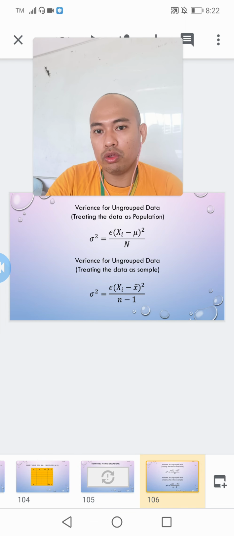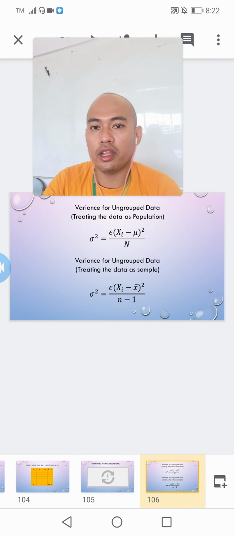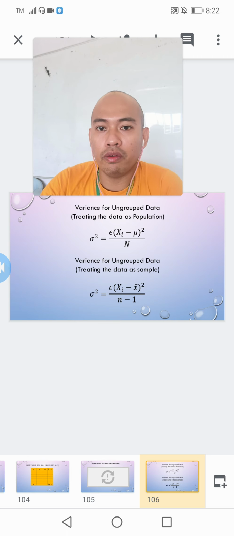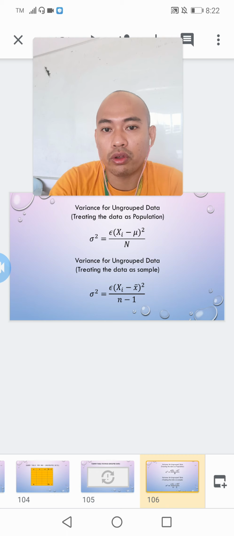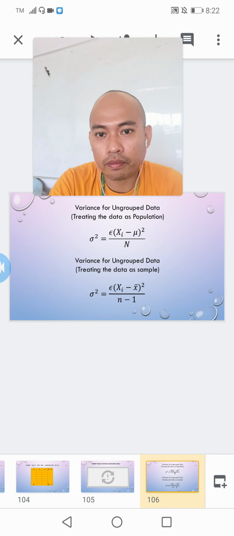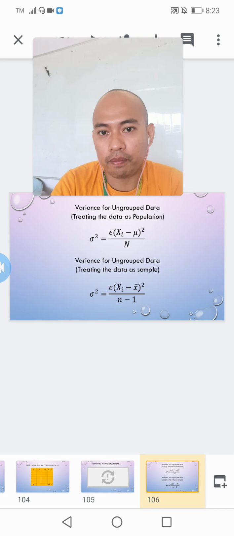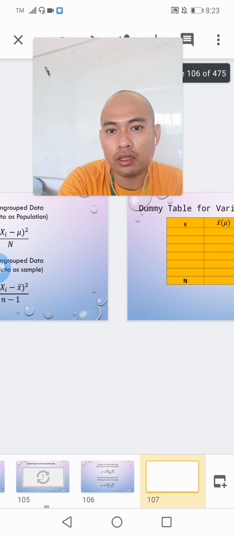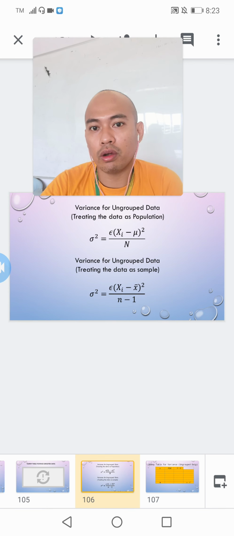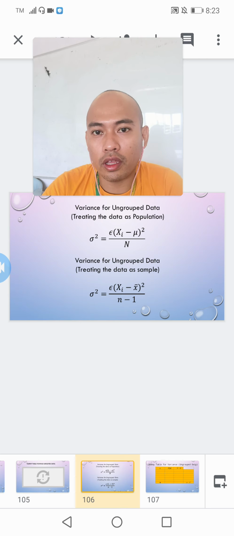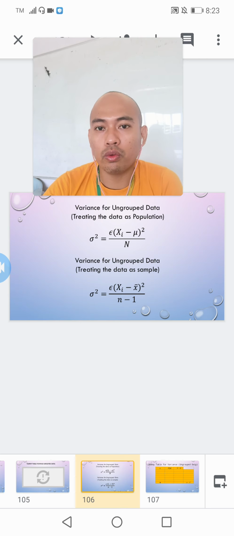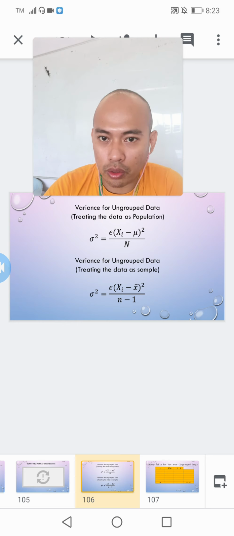For the variance, we will have another set of formulas. One will be for ungrouped data and the other for grouped data. However, for ungrouped data, it depends on how we treat the data. These are the two possible formulas, whether we treat the data as a sample or as a population.